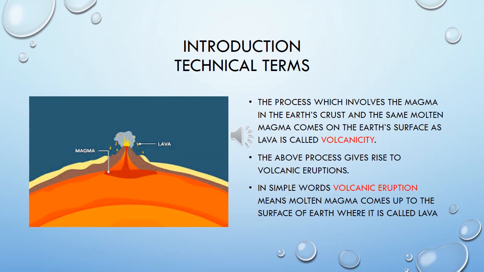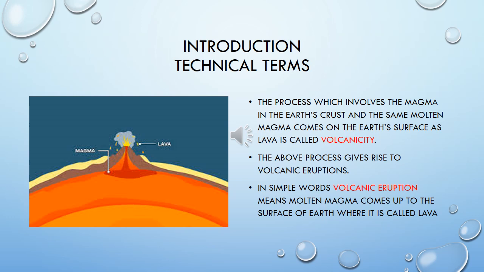Let's continue with some more technical terms which we will use in this chapter. The process which involves the magma in the earth crust and the same molten magma comes on the earth's surface as lava is called volcanicity.